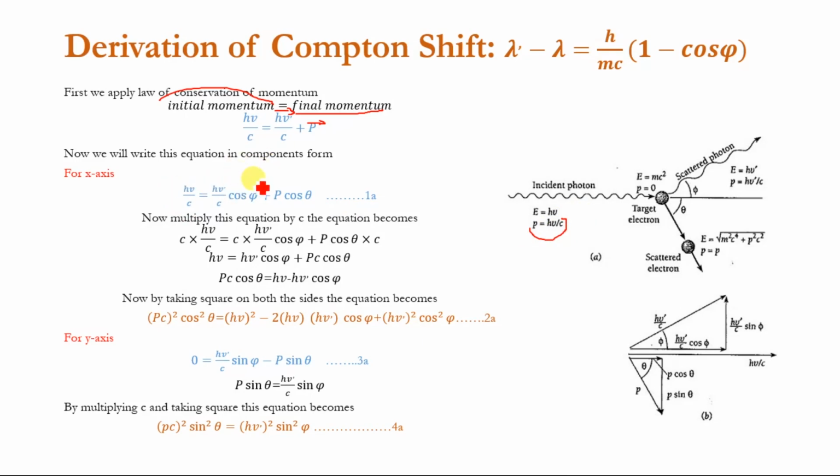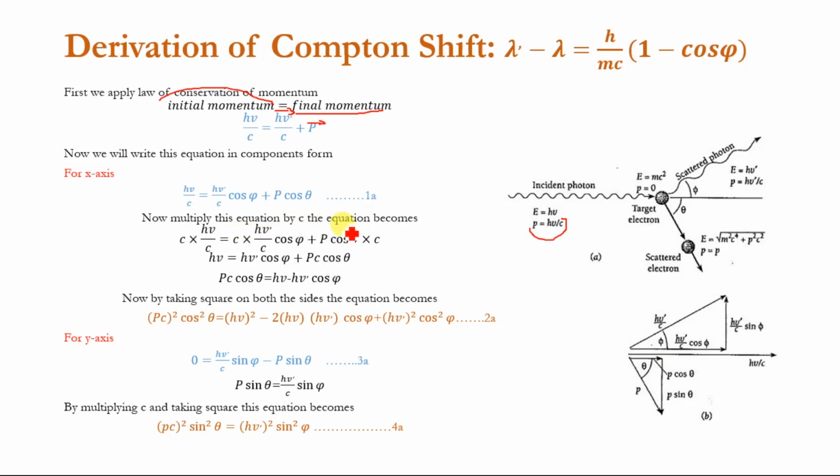Now after the collision, the scattered photon has component hν'/c cos φ, while for the electron the x component is p cos θ.